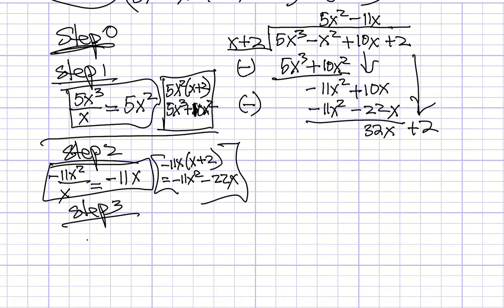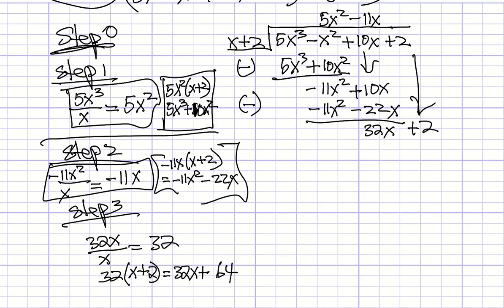Alright, 32x divided by x, you get 32. Okay, 32 times x plus 2, you get 32x plus 64.